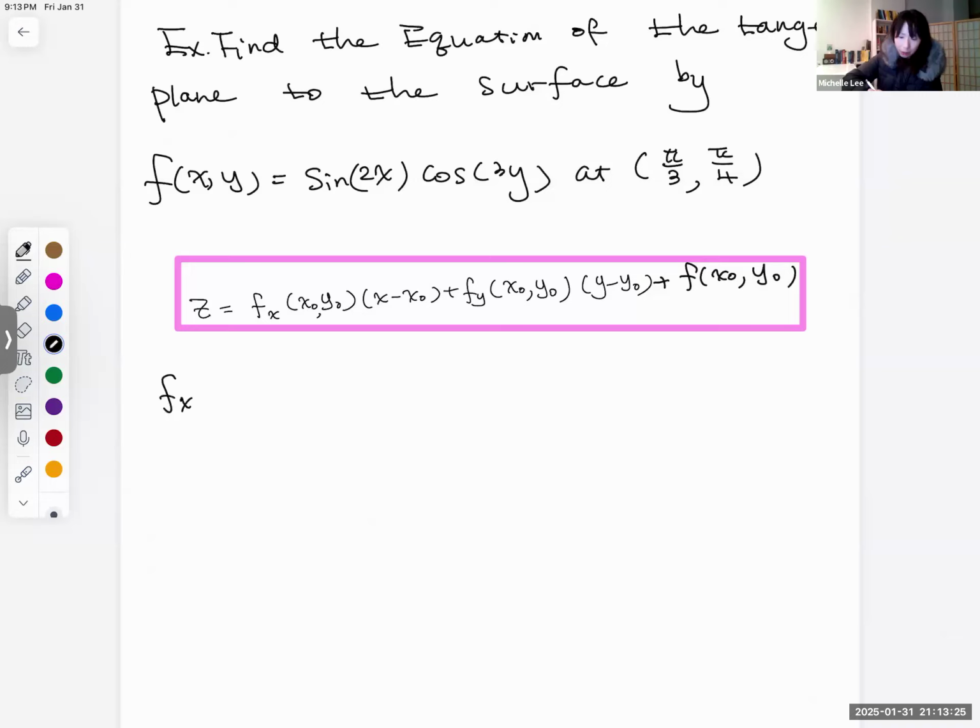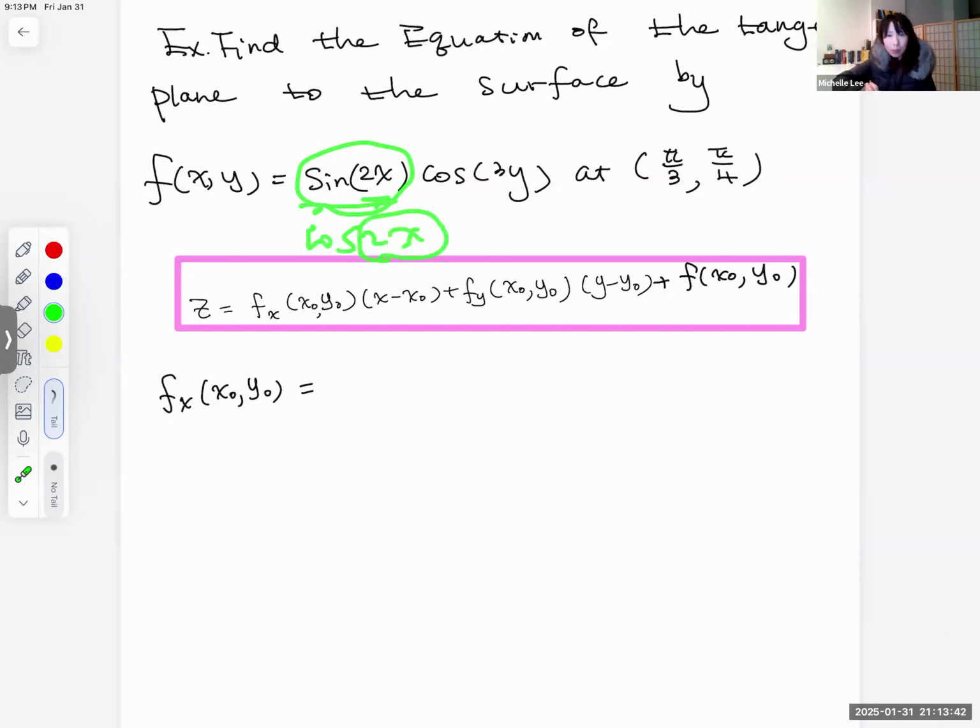Okay, so we have partial derivative with respect to x first. Okay, so x is here. So what's the derivative of sine? It's cosine 2x, right? And then we use the chain rule. So what's the derivative inside? Then we get the 2, right? Make sense? So you may write down.